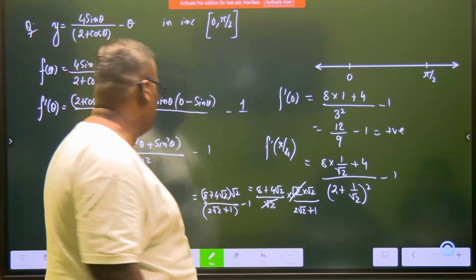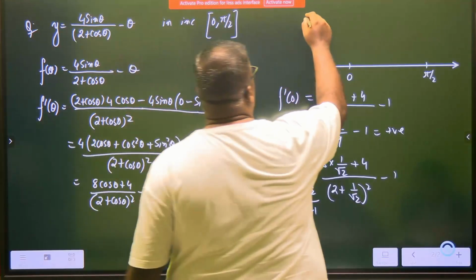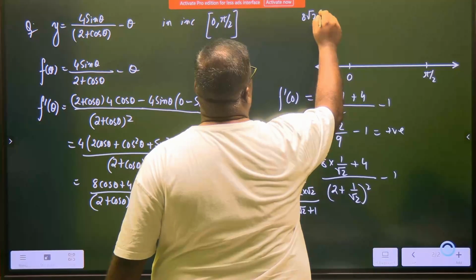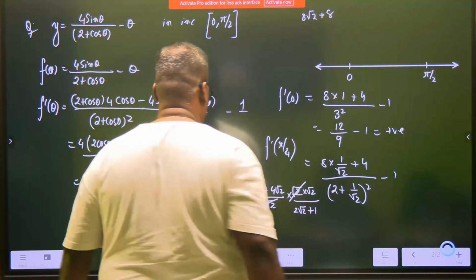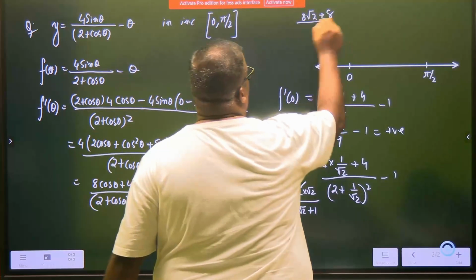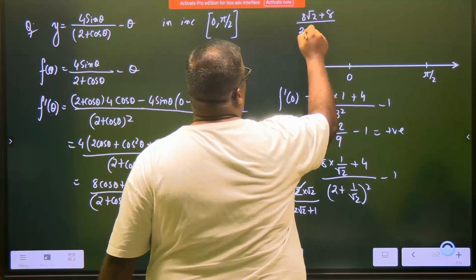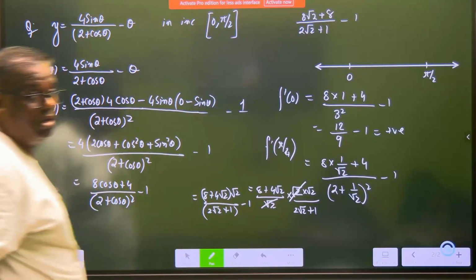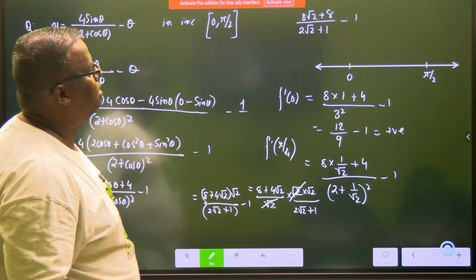Let's show this. So this becomes 8 root 2 plus 8 divided by 2 root 2.